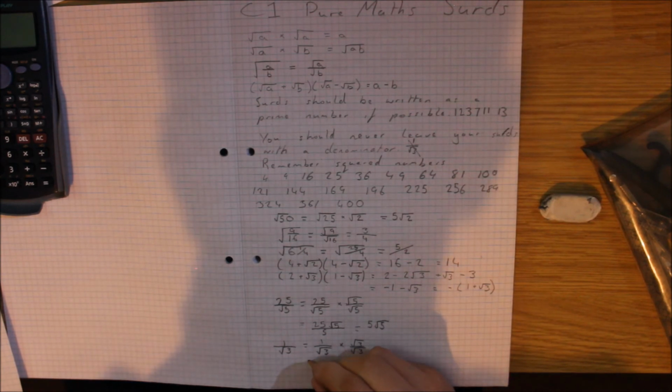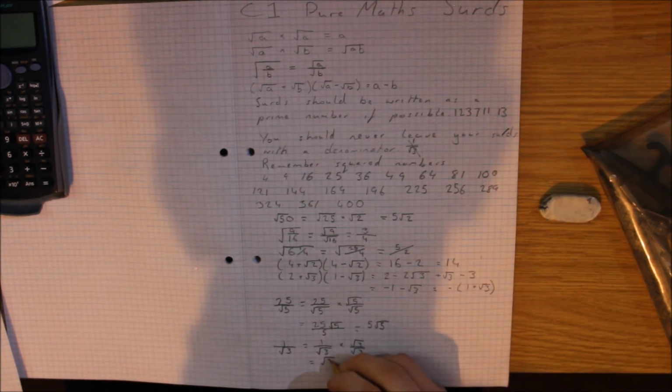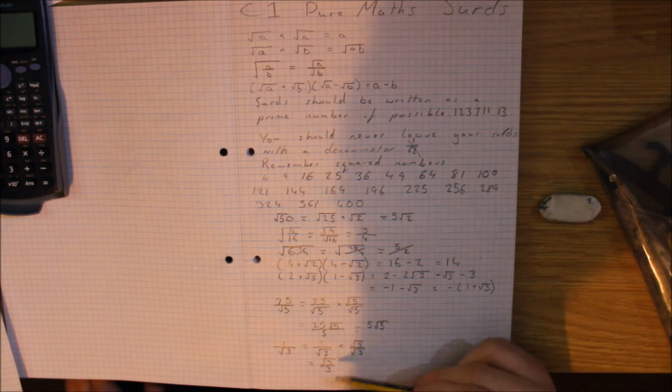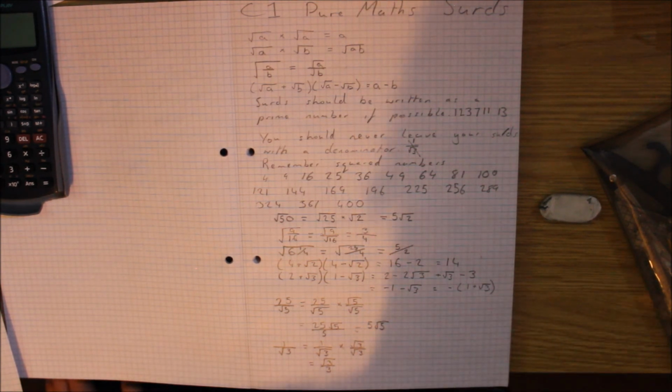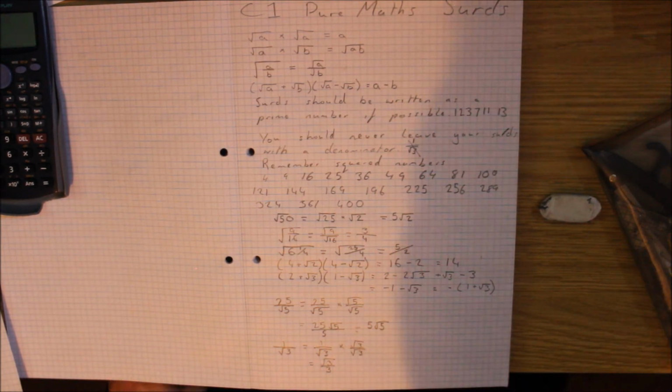So that would equal root 3 over 3, which is an acceptable answer because the denominator is not a surd. So that's basically it for surds for C1.